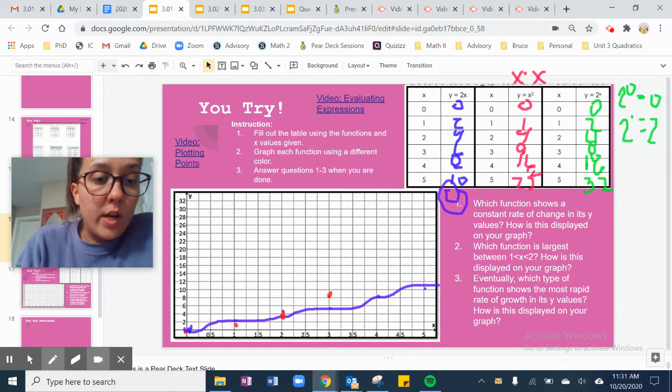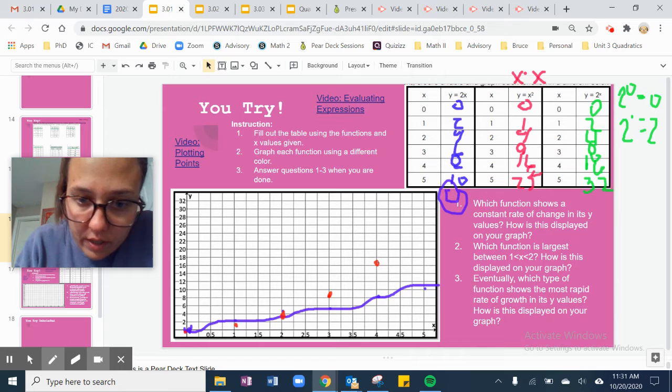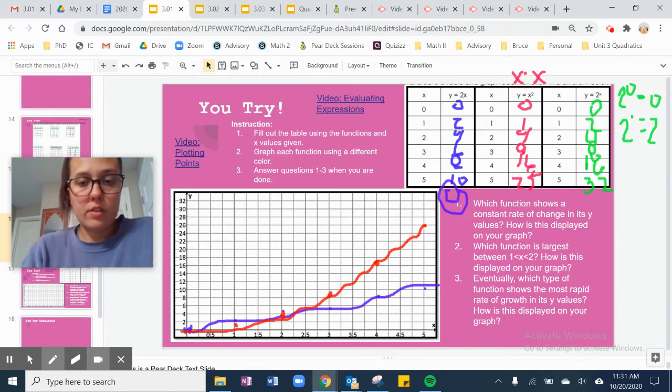So 1 was between 0 and 2, and 9, which I just did, is between 8 and 10. 4, 16. And 5, 25. 25 is between 24 and 26. So there's my quadratic equation.